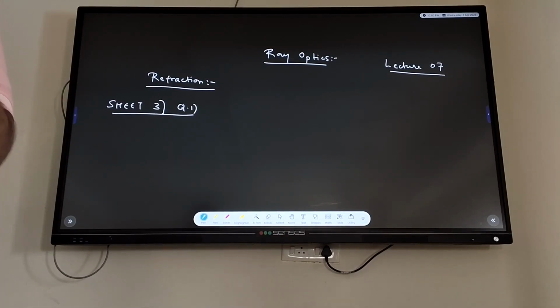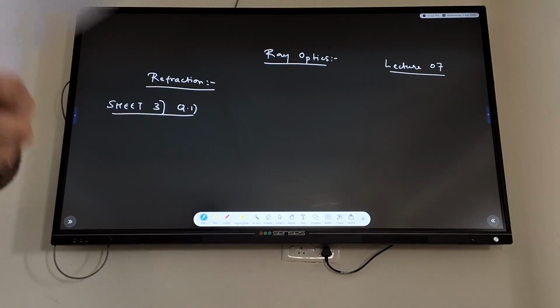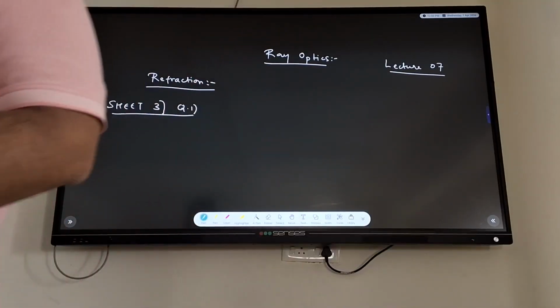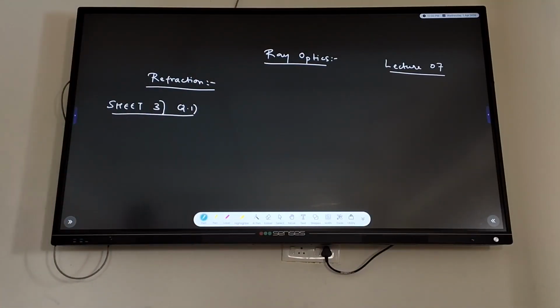Also make a change in option D. It's 5 into 10 to the power minus 10 into VB. Any answers for question number 1? It's not that hard.